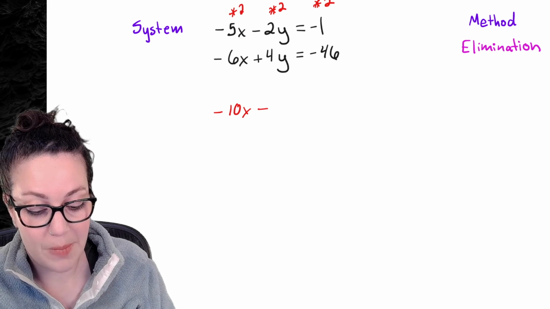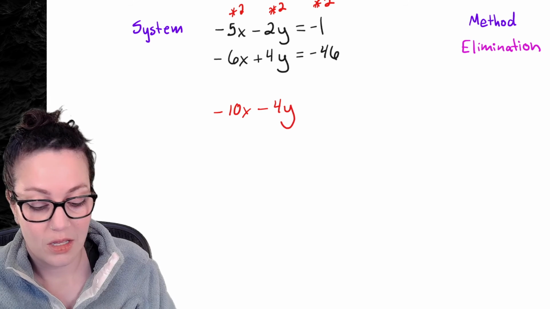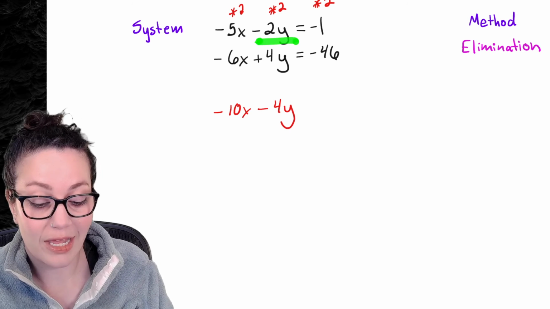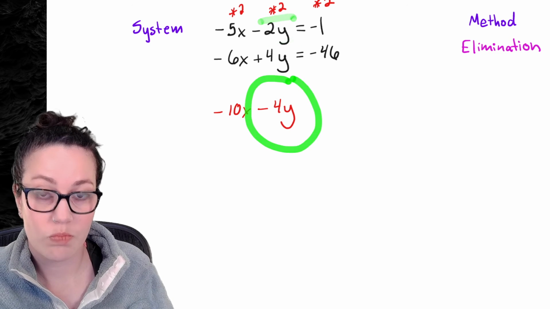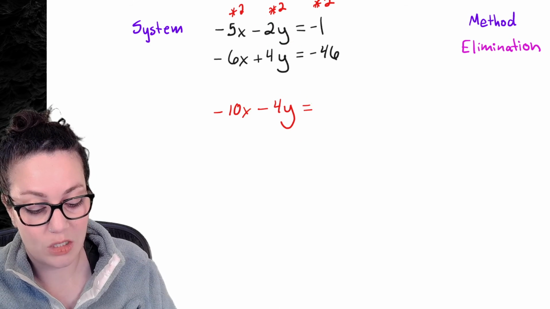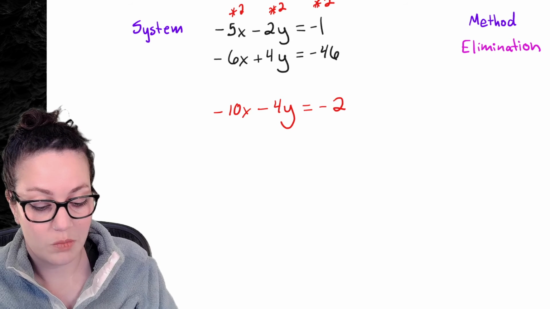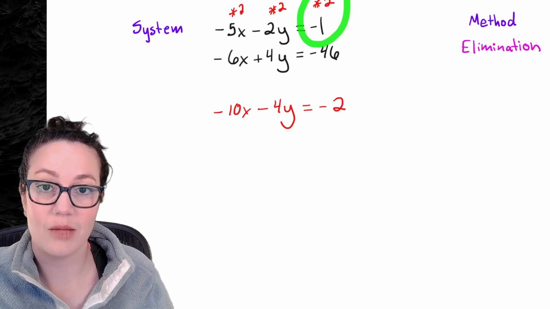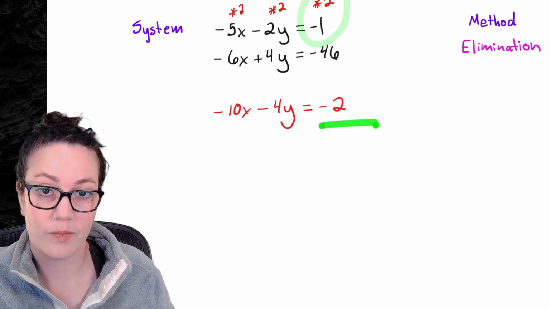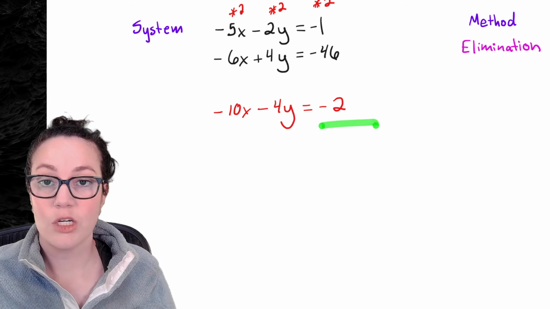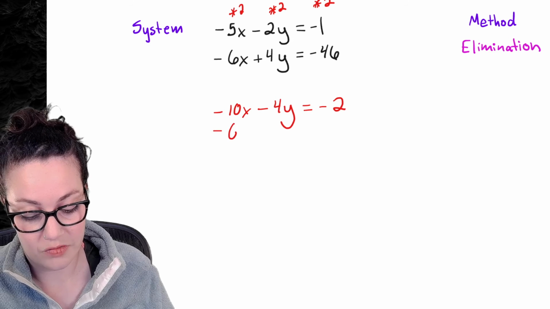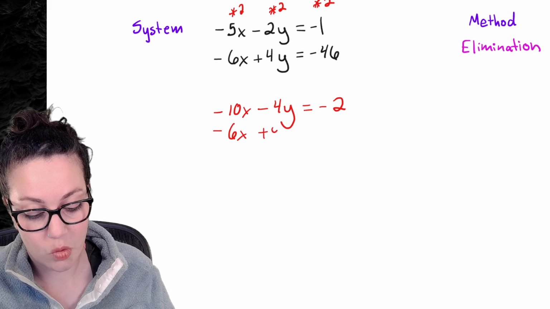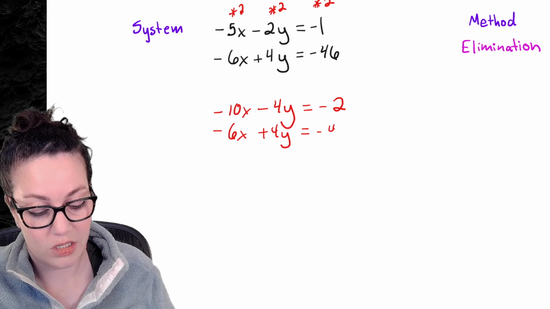Then I'll have minus 4y because negative 2y times 2 is negative 4y. And that's all going to be equal to negative 2 because negative 1 times 2 is negative 2. My second equation, I'm just going to rewrite it exactly as it was. Negative 6x plus 4y is equal to negative 46.